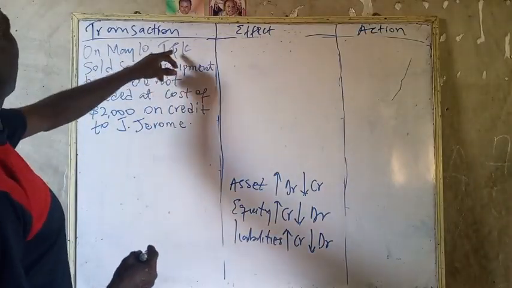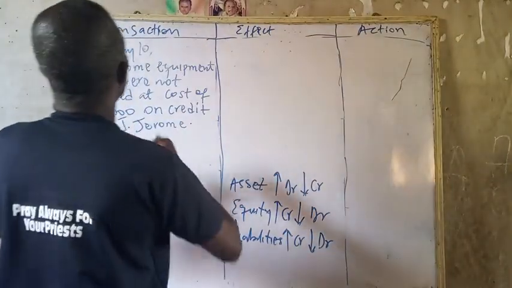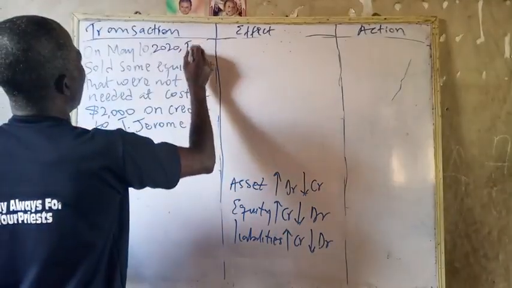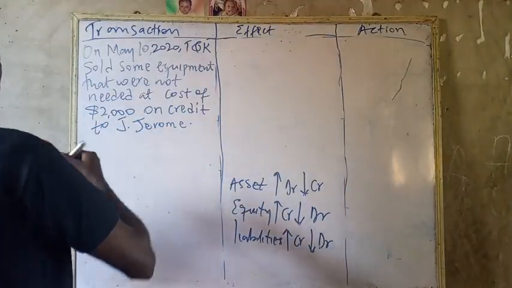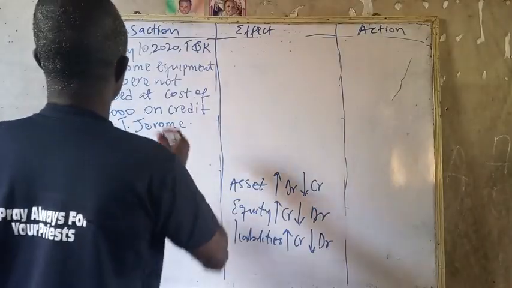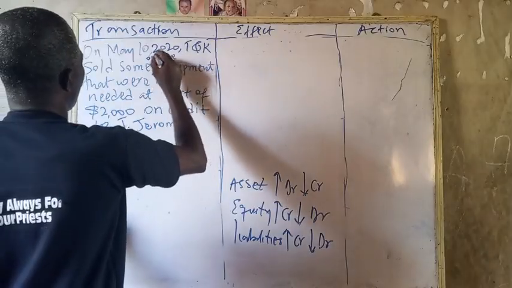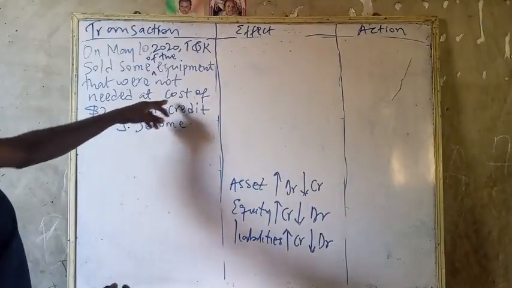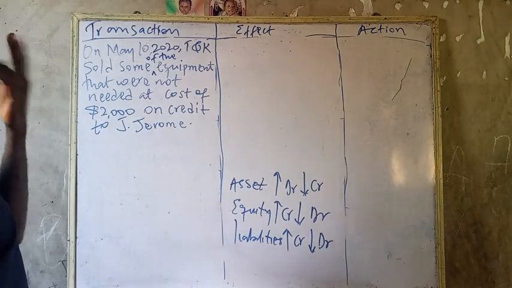On May 10, 2020, T and K sold some of the equipment that was not needed, at cost of $2,000 on credit to J. Jerome.